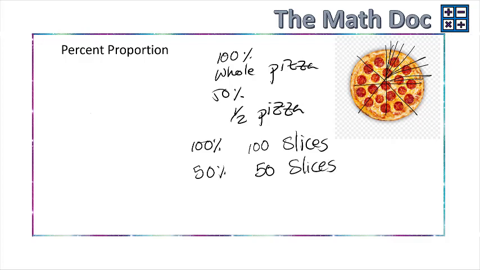And if I say we have 32% of the pizza, well, in this case, we have 32 slices, right? Because percents are just 1 out of 100 of the whole thing. So if we say we have 32 slices, that is 32%. If I say we have 32%, we have 32 slices.